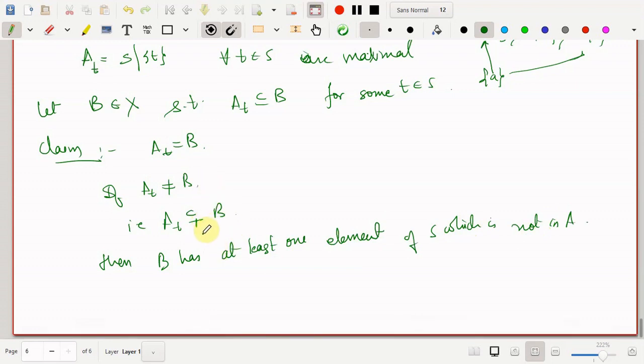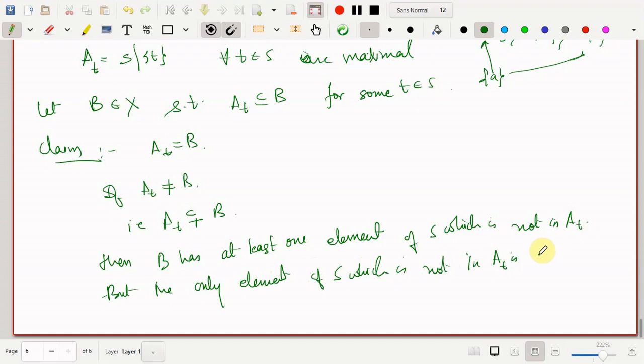But the only element of S which is not in A_T is T, by our definition.